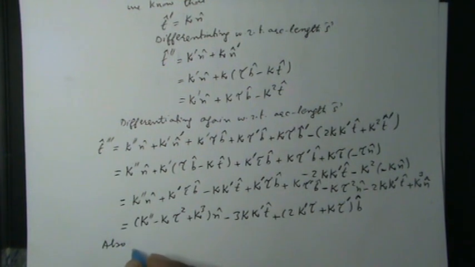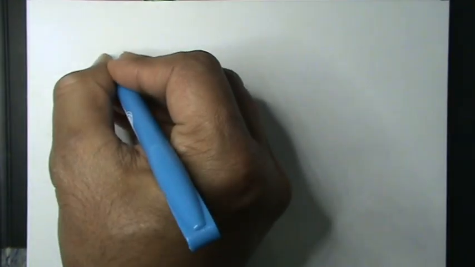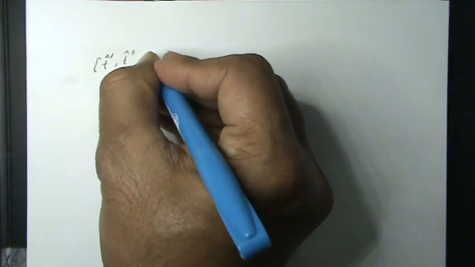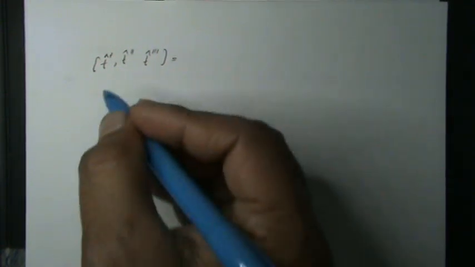Also we have, in scalar triple form, t unit vector derivative, t unit vector second derivative, t unit vector third derivative equal to, you can use here commas or without commas, scalar triple product notation.